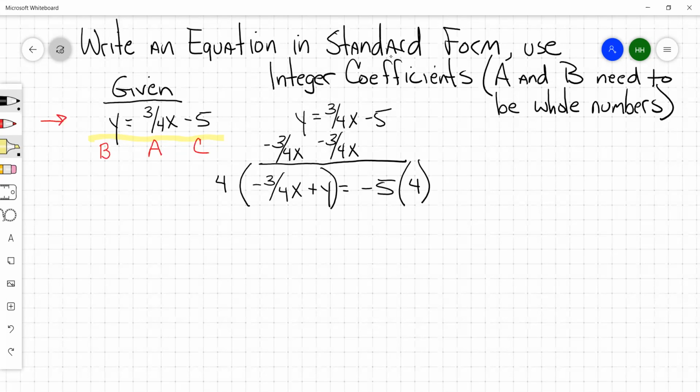Now, this 4 on the left has to get distributed to everything. So when you do your 4 times negative 3/4 x, you get negative 3x. It eliminates the fraction. 4 times your y is 4y, and it's equal to negative 20. And there's your equation in standard form with integer coefficients.